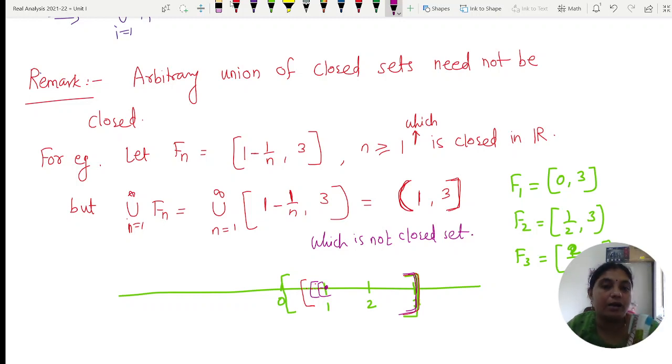Okay. Therefore, an arbitrary union of closed sets need not be closed. Is that okay?